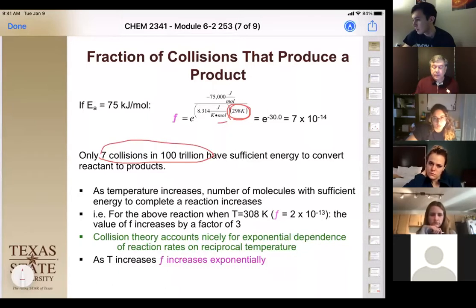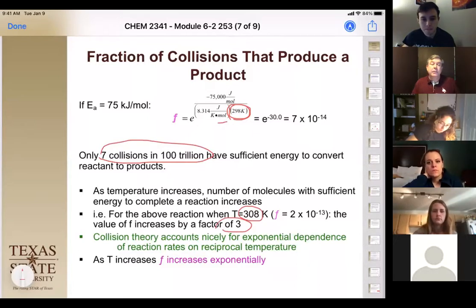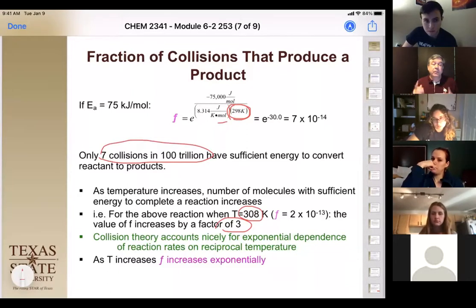Just raising that 10 degrees, we've actually increased that to 200. So it's a factor of 3. And so therefore it goes 3 times faster just by raising that. 3 times more collisions, and the net rate is actually double that.